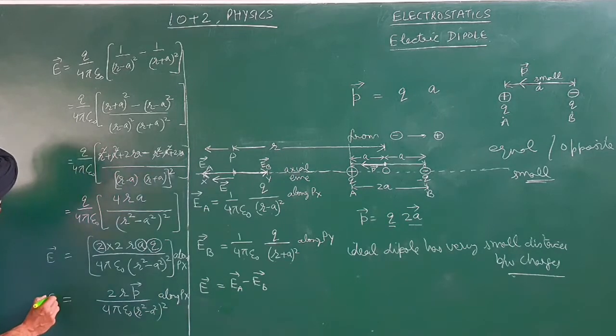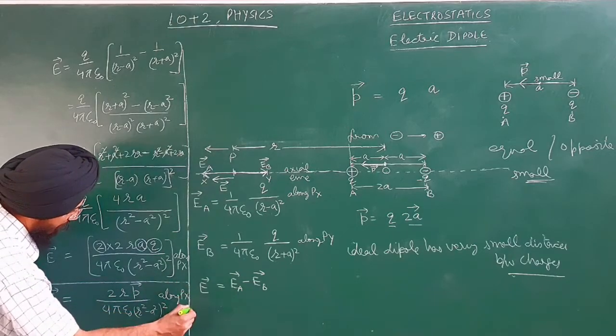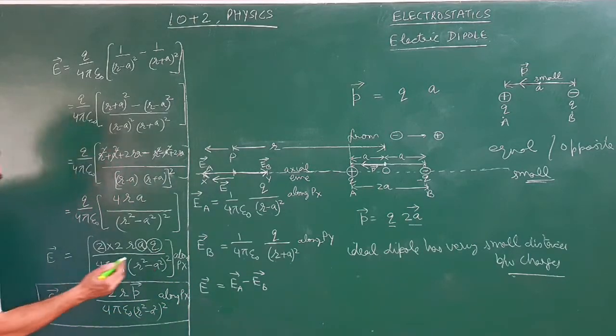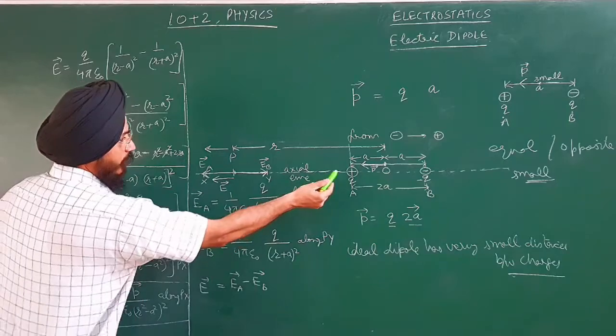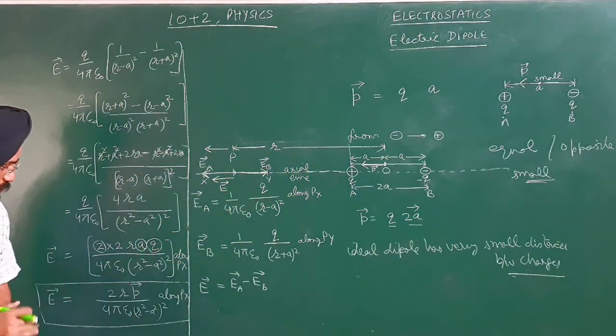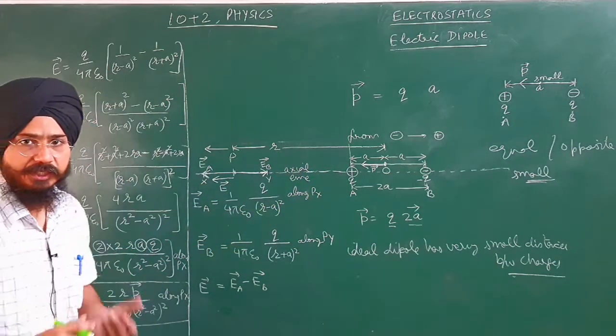So this is our final result for the electric field at any point on the axial line of an electric dipole. Now coming to some special cases.